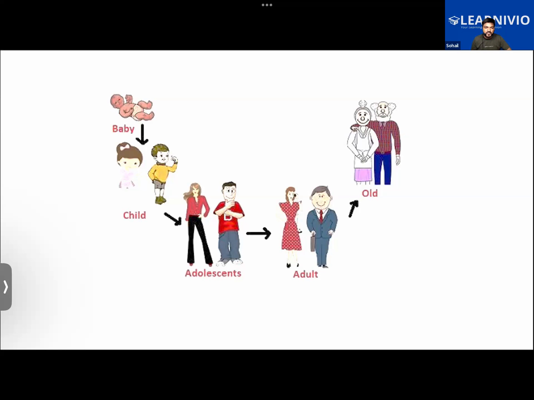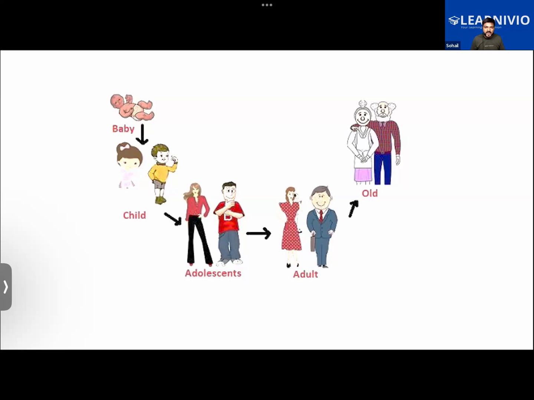So when the children are of the age 10 or 11 years, certain changes will start to occur in their body, because of which the male and the female children will be differentiated from each other. Getting it? Like when a child is of the age 7, 8, or 9 years, we are hardly able to differentiate between who is a girl child and who is a boy child. Okay, so that is one thing.